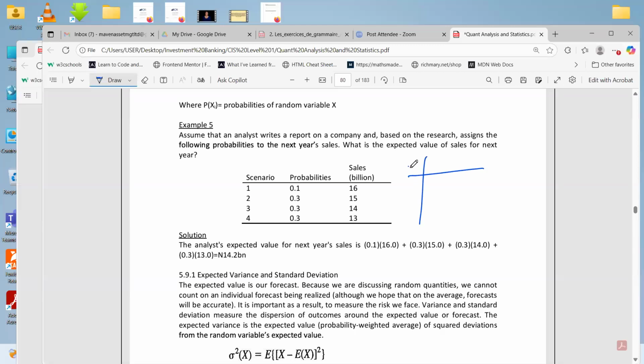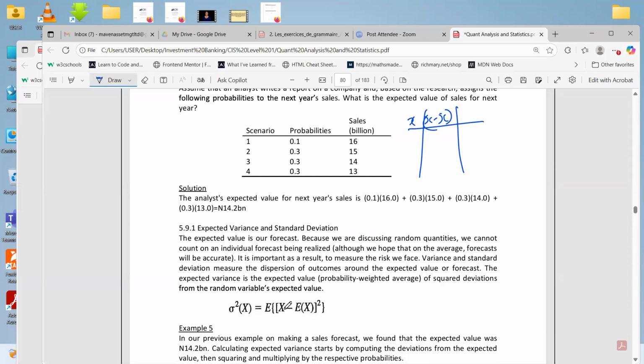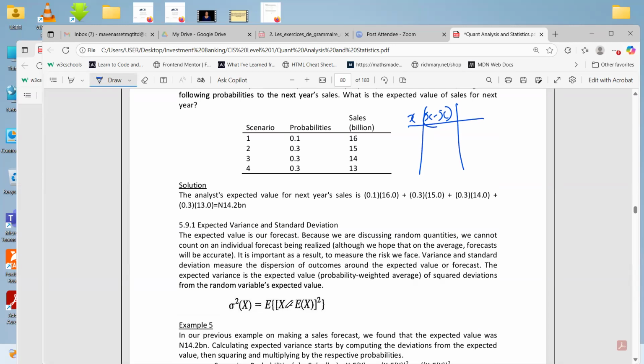X, then X minus arithmetic mean of X. Then we go on in order to get your variance and standard deviation. Then we need to actually prepare the table in order to get those 2 terms for the expected variance and standard deviation. So we have the formula here.